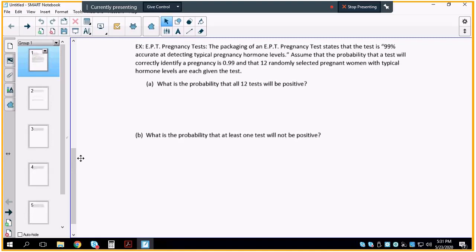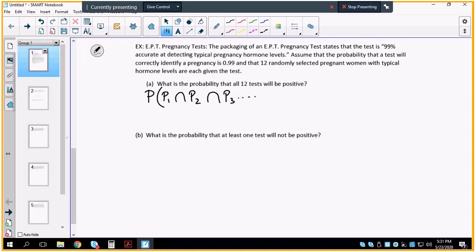So each of these tests becoming positive or negative are independent events. So in some ways we can say you want to find the probability that the first person has tested positive and the second person has tested positive and the third person has tested positive and so on. You wanted all 12 of them to be tested positive.